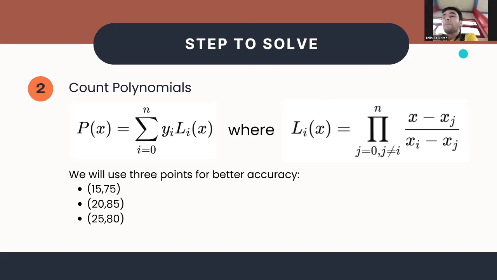To find the passengers on day 18, we take the nearest days to 18. So we get days 15, 20 and 25. On day 15 it was 75 passengers, on day 20 it was 85 passengers, and on day 25 it was 80 passengers. Next.